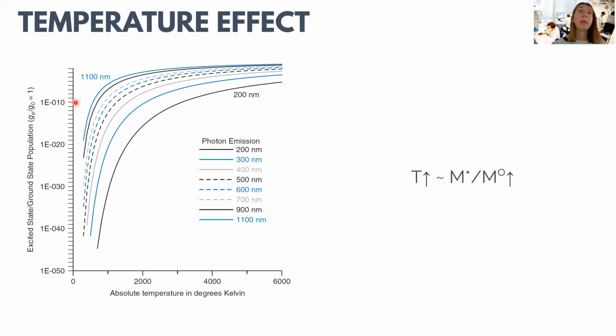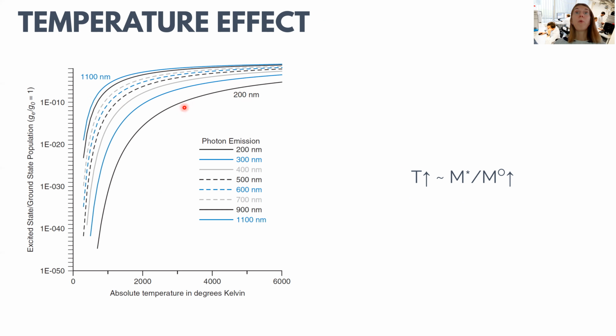For example, here this value corresponds to 10 to the power of minus 10, which means that only one atom out of 10 to the power of 10 is actually in the excited state. So this is a very, very small percentage. And this is for the very high energy transitions. This is true even at 3000 kelvins.